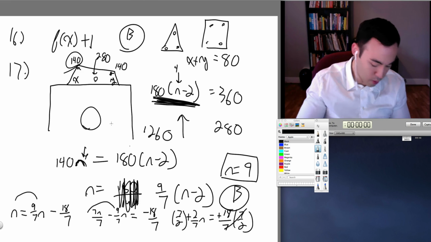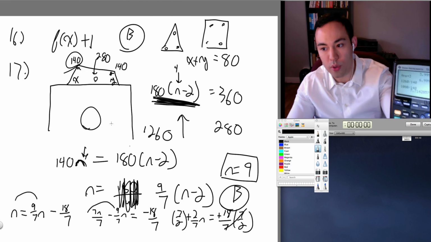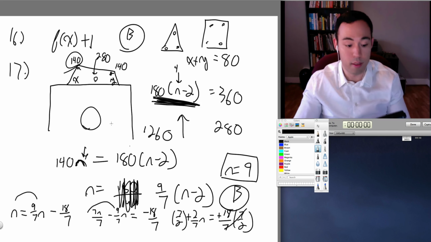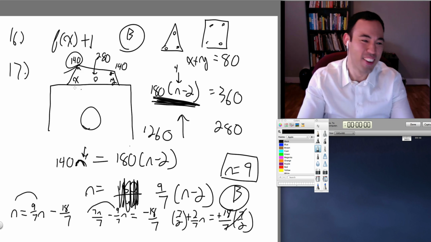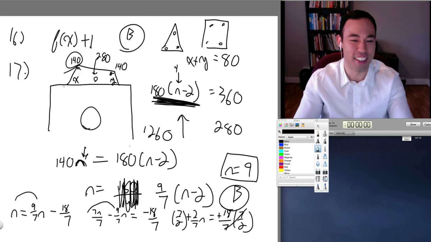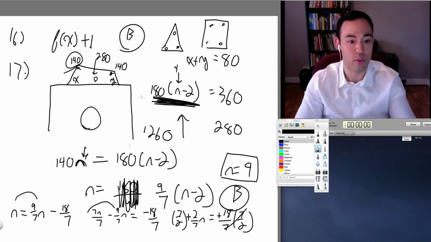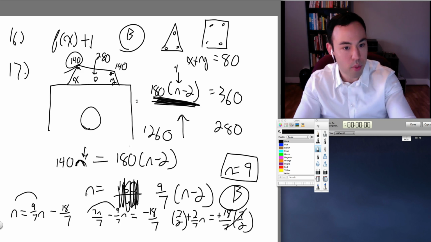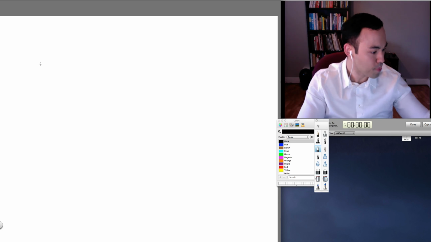Otherwise, if it were less than that, 1080 divided by 140 would give me 7.71, and I know the polygon can't have 7.71 sides. It has to be an enclosed polygon, so the number of sides has to be an integer. So that's one way. If you get stuck, you can use your calculator to look for a pattern. But let's not belabor this point too much. Let's go ahead and finish up.